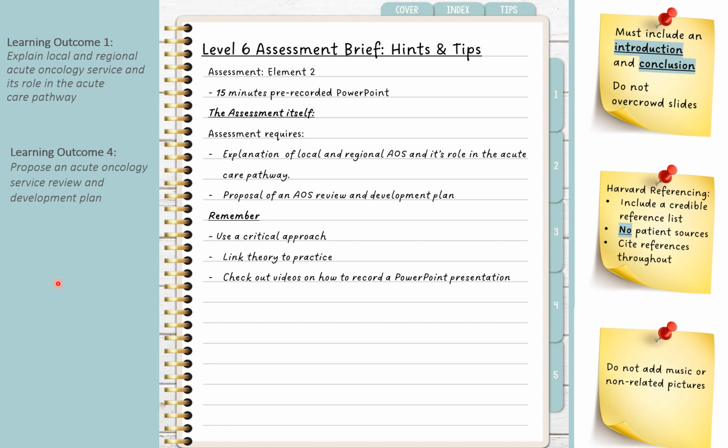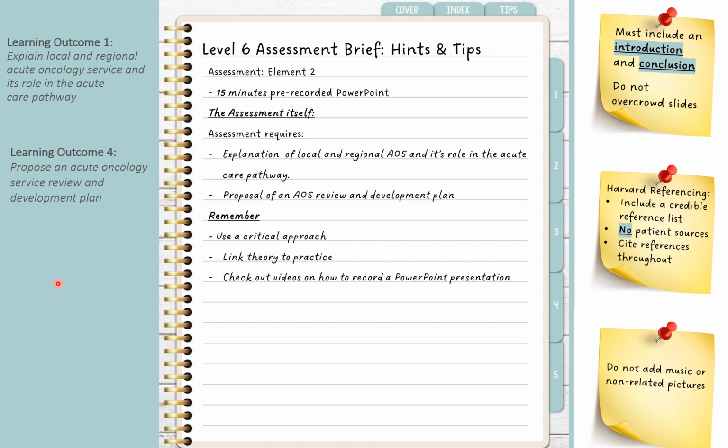It really should be your key highlight points that will be an aide memoire for yourself and also for your audience. After your conclusion, you'll need a couple of slides where you'll include your reference list, and you'll be using the Harvard referencing system to compile that reference list. Please do not use patient information sources to support academic work.